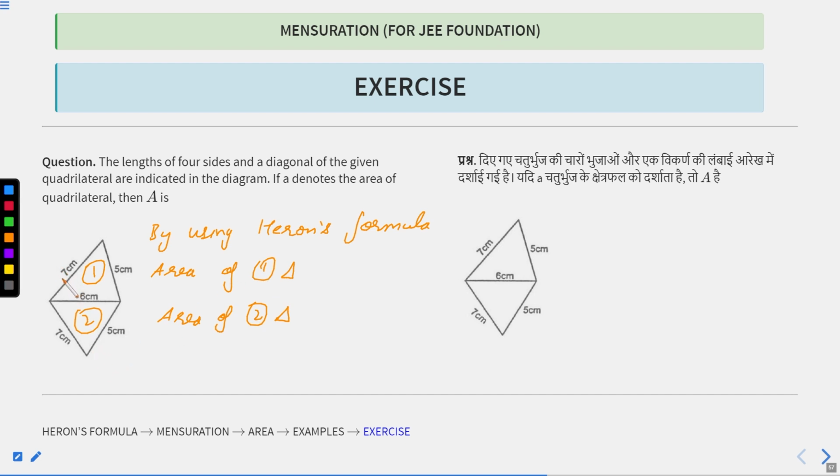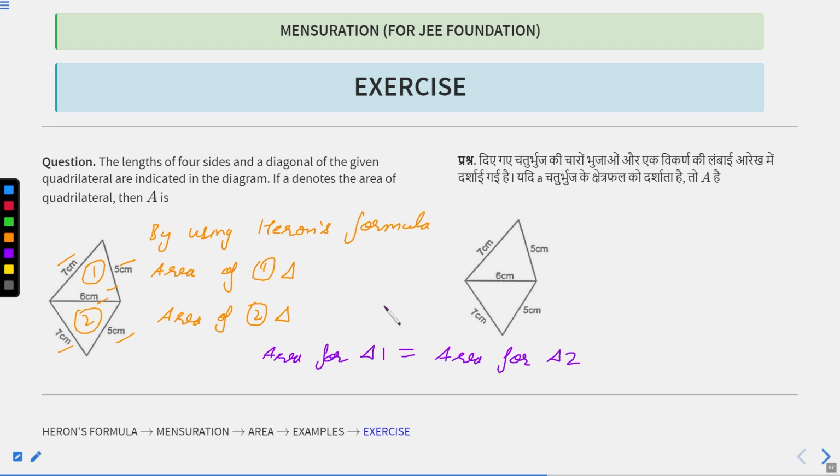Both of the triangles have sides 7, 5, 6 and 7, 5, 6. That means the area of triangle 1 is equal to the area of triangle 2.